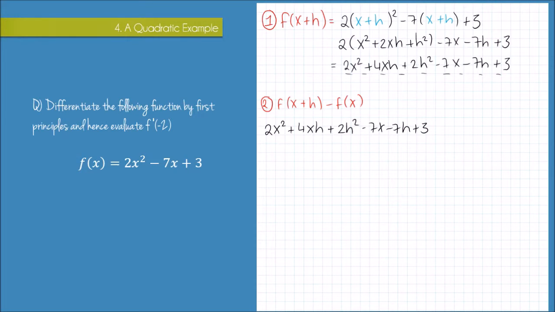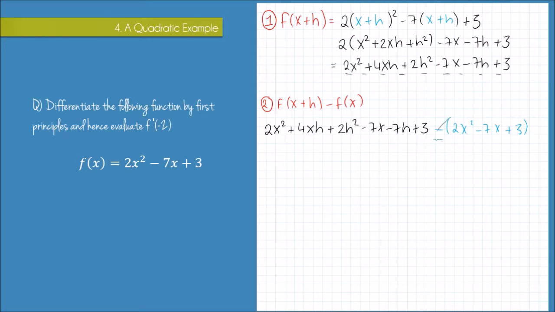And I'm subtracting my original function, which is 2x squared minus 7x plus 3. And remembering that the minus here just changes the sign of everything inside the bracket, I'm not going to rewrite this whole line just to save time.